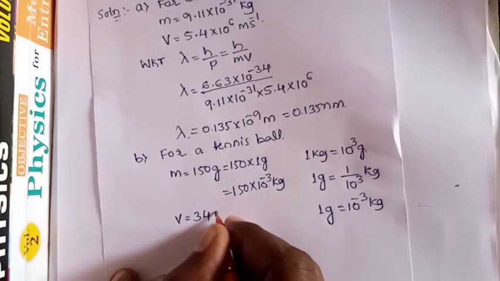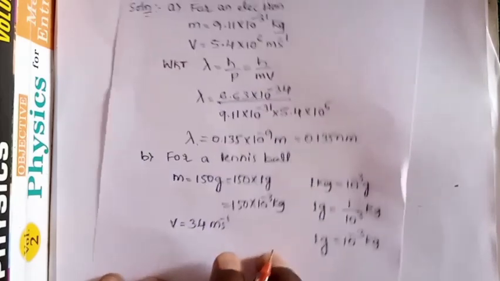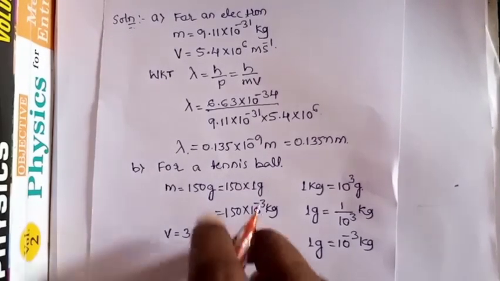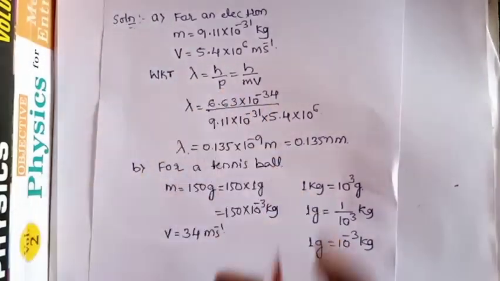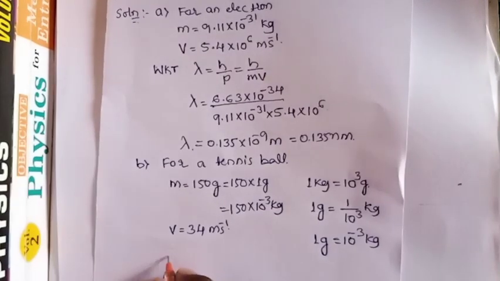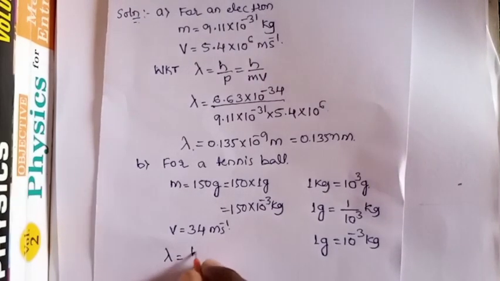And again, by using the formula, that is the relation between de Broglie wavelength and momentum, I will write directly lambda = h/(m v).